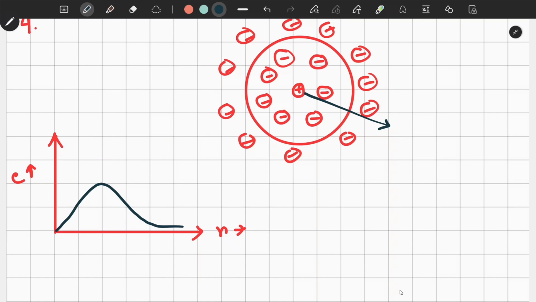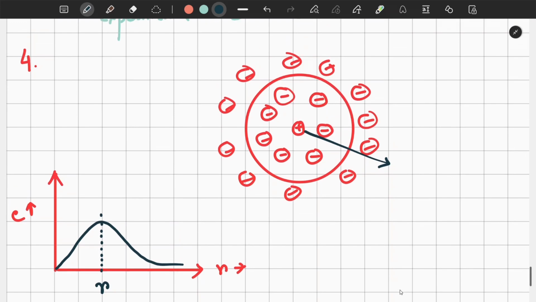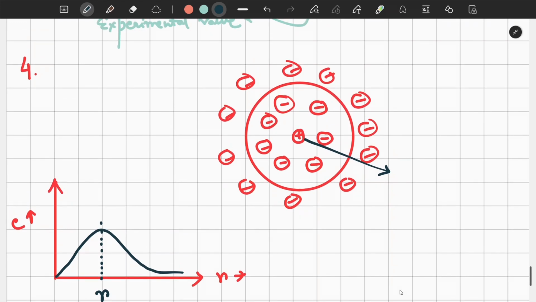From here, the length where it is maximum is called the Debye screening length. So that length we can calculate. There is a formula; if you want, I can discuss that.